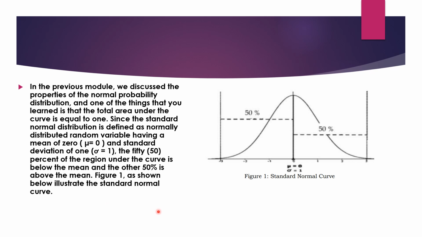In the previous module, we discussed the properties of the normal probability distribution. And one of the things that you've learned is that the total area under the curve is equal to 1.